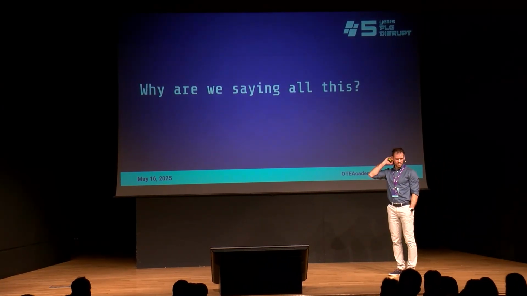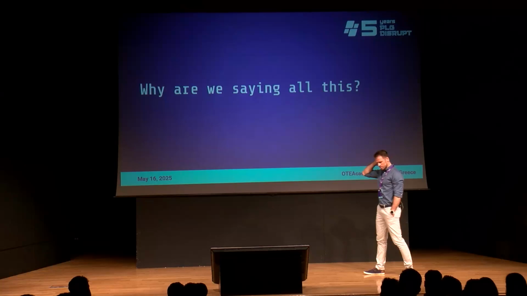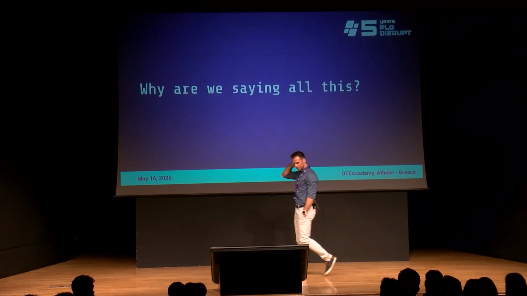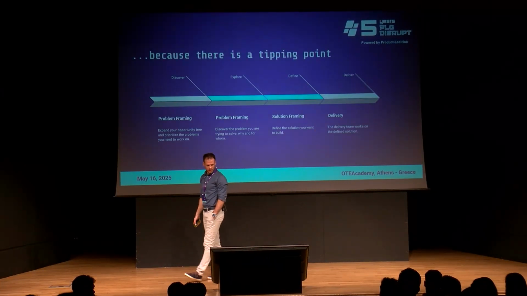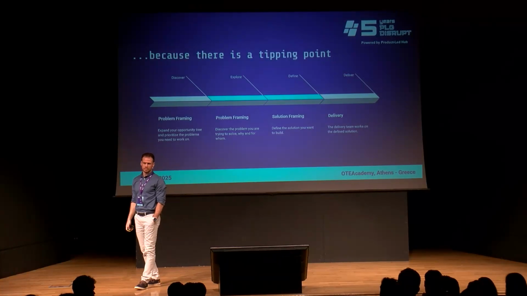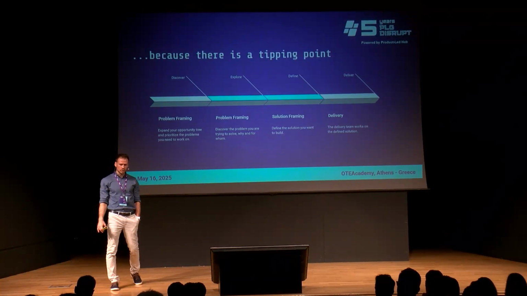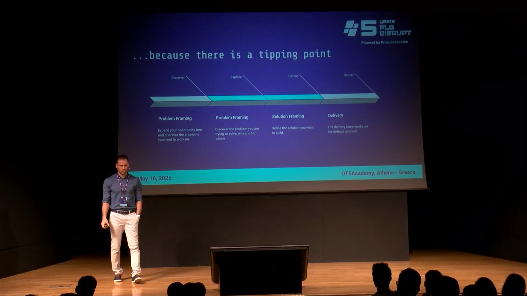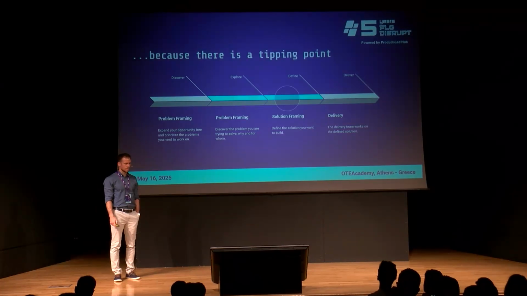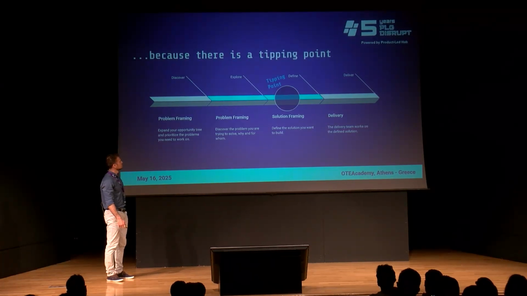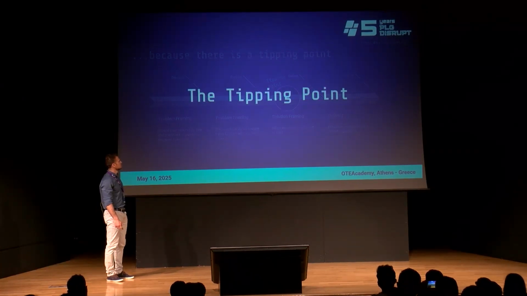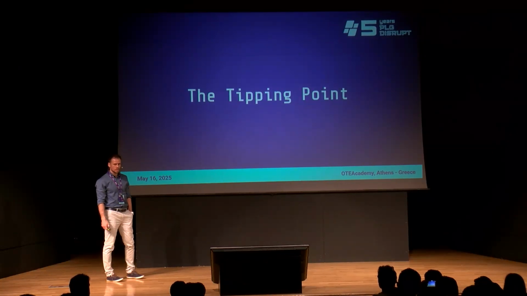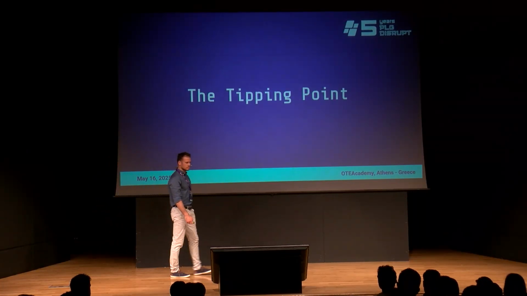Why are we saying all this? I know it's a long time discussing product, because here there's a tipping point. And this is the difference between product managers and AI product managers. Okay? This is here. This is a tipping point. Do we know what this might be?